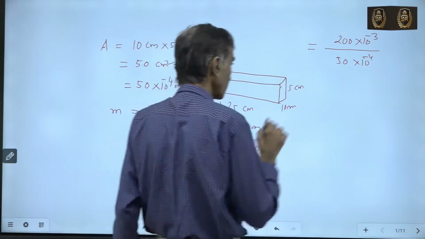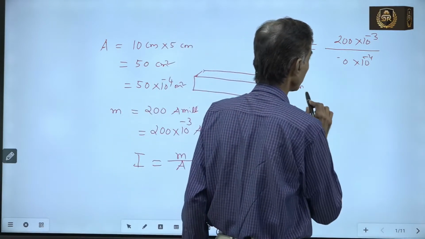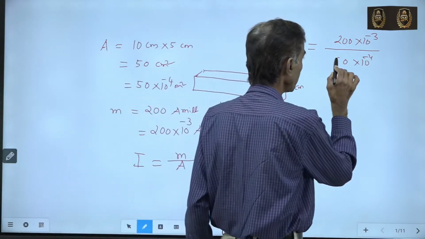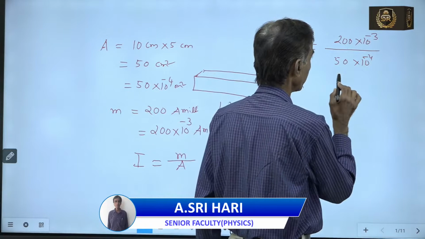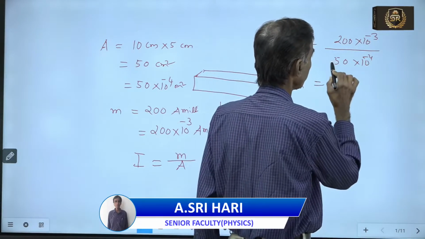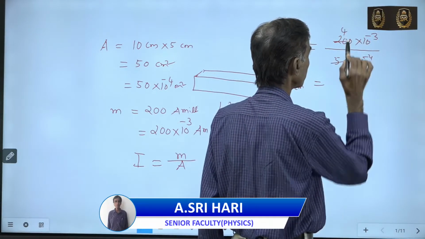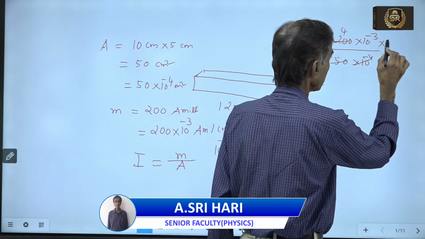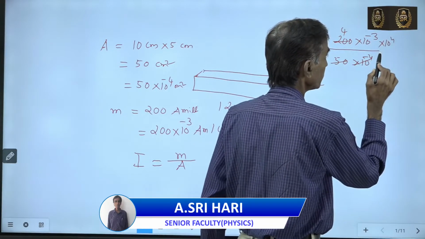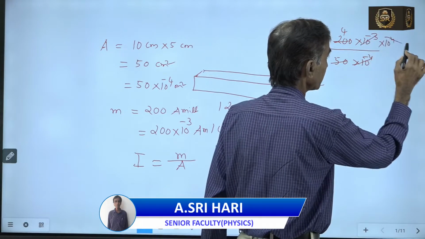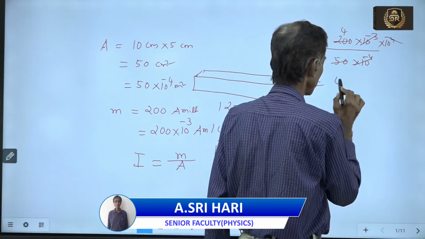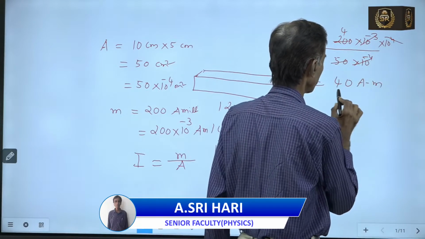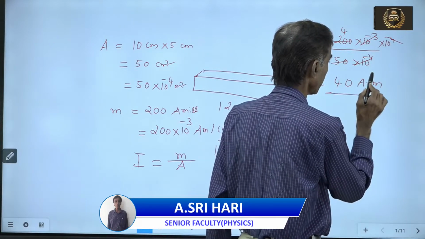The 10 power minus 4 in the denominator becomes 10 power 4 in the numerator, so 10 power minus 3 times 10 power 4 leaves 10 power 1. Therefore, our final answer is 40 ampere per meter.